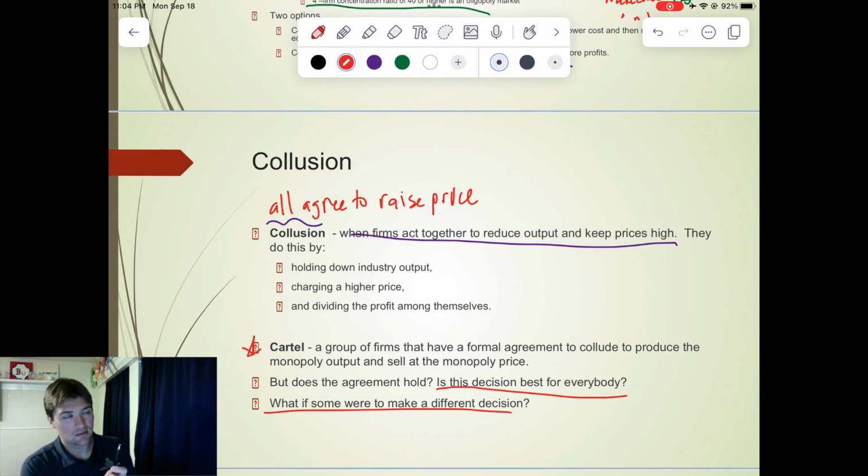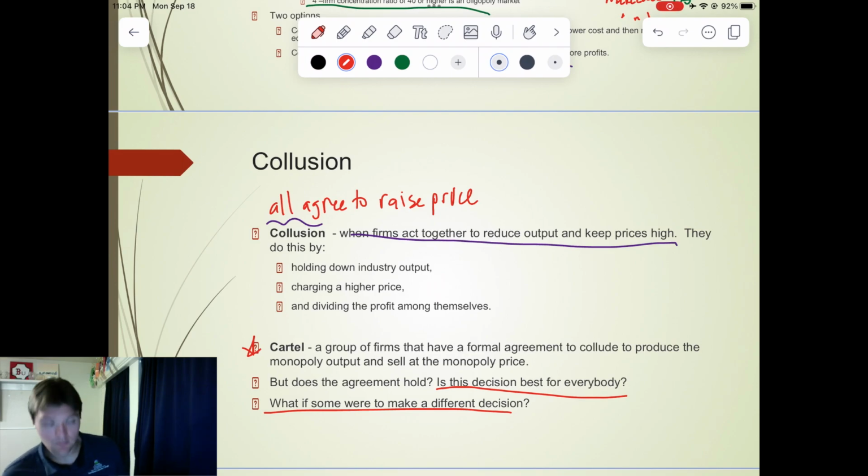But if I charge 4, I could get my customers back and they have nobody and I can increase my profits. So I'm going to do that and I'm going to steal their customers away. So you could break the agreement in an effort to increase profits because firm A's prices are too high.